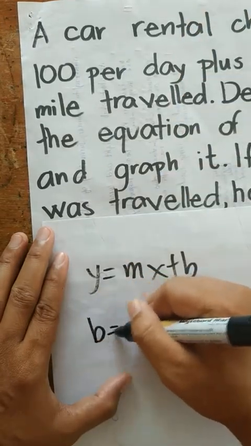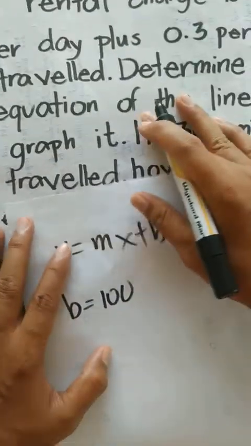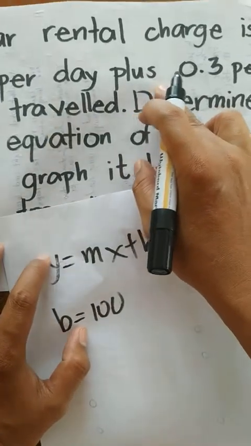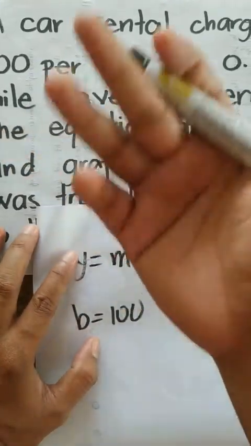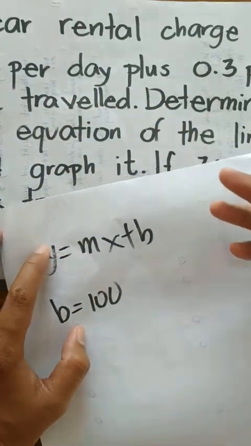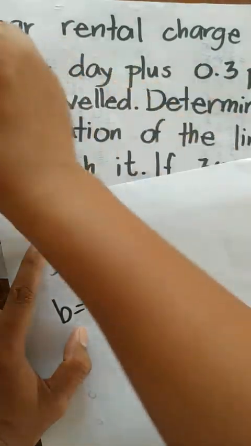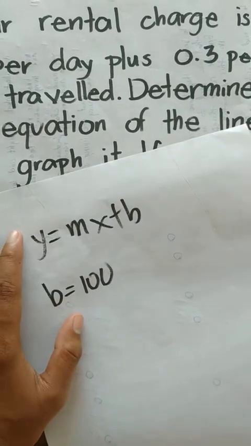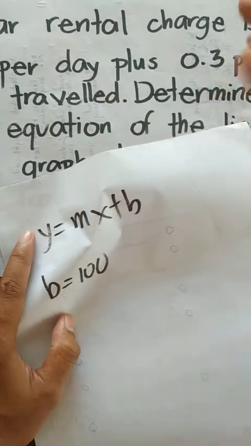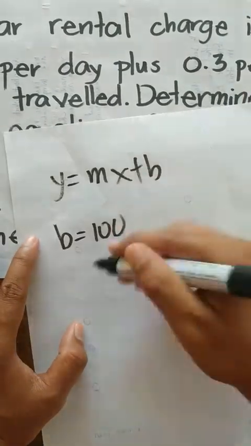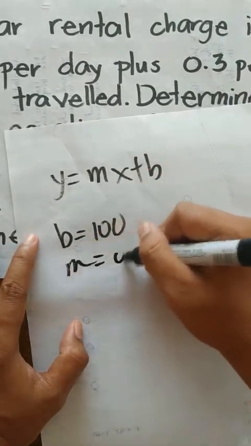Next, it says you are charged 0.3 per mile traveled. So it's moving, it's changing, because every mile that you travel, you will be charged 0.3. Let's say the currency is pesos, so 0.3 pesos per mile. That will be our slope.